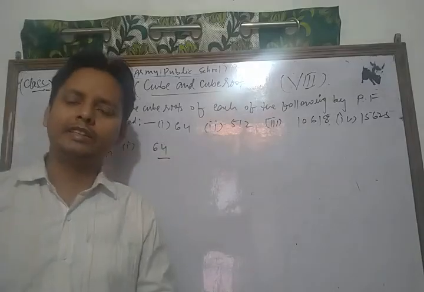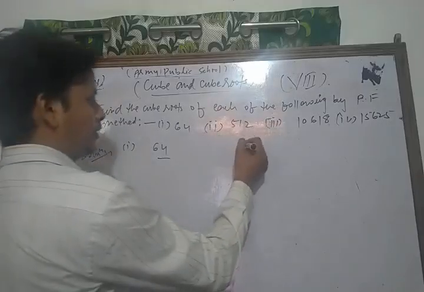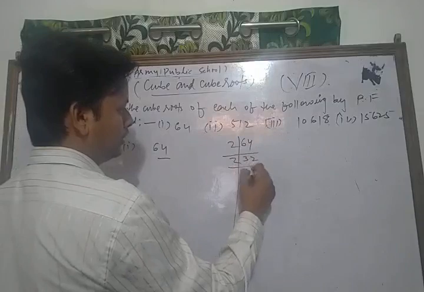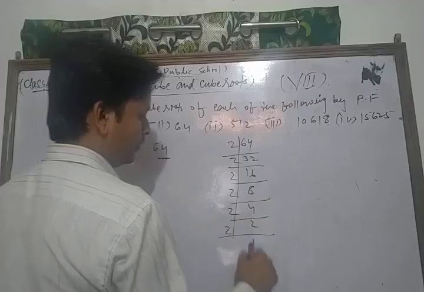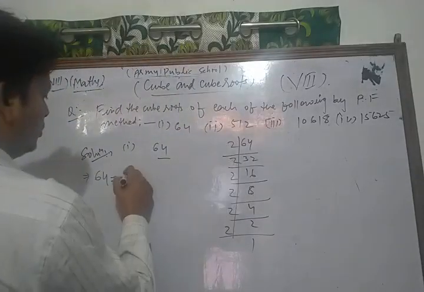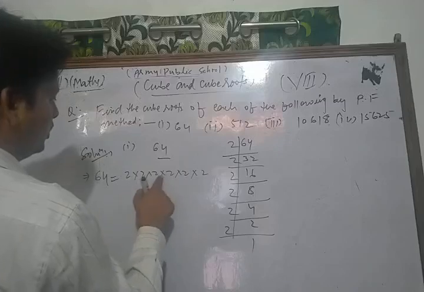So for finding the cube roots, dear student, first of all we do their prime factorization. Let's see. 2 2s are 4, 2 2s are 8, 2 2s are 16, 32, 64. Now we can write 64 as 2 into 2 into 2 into 2 into 2 into 2, 1 2 3 4 5 6.